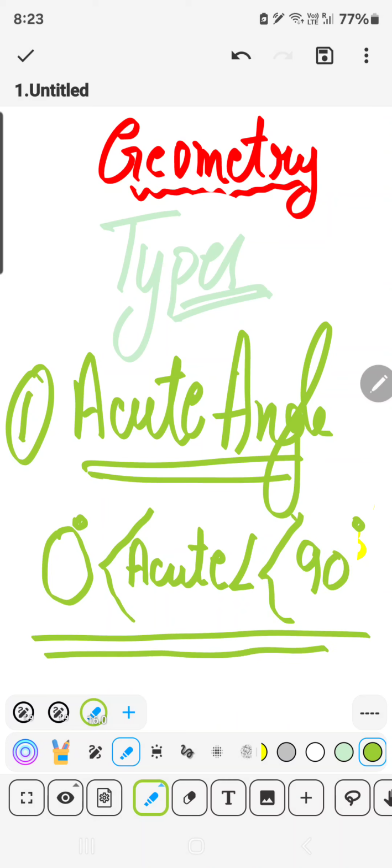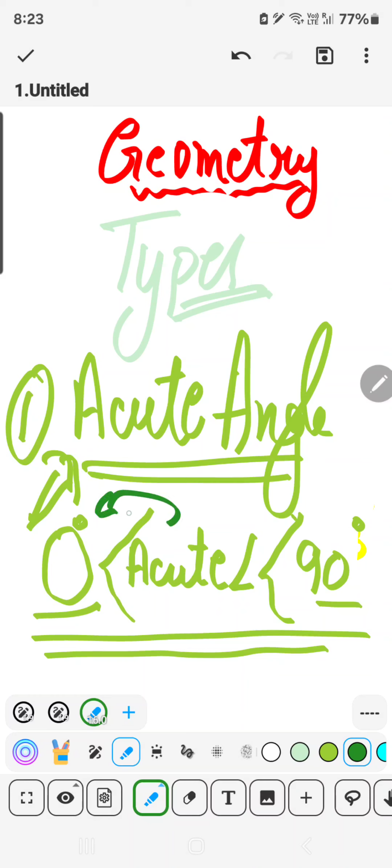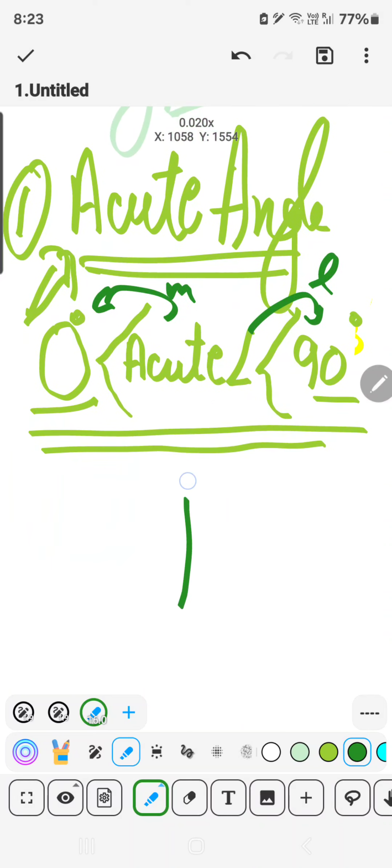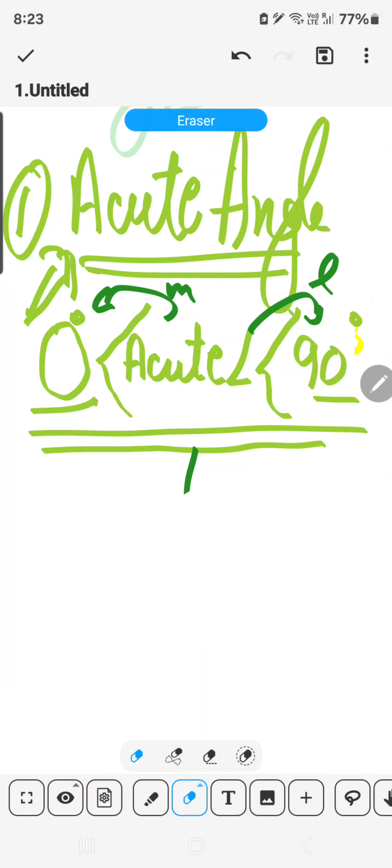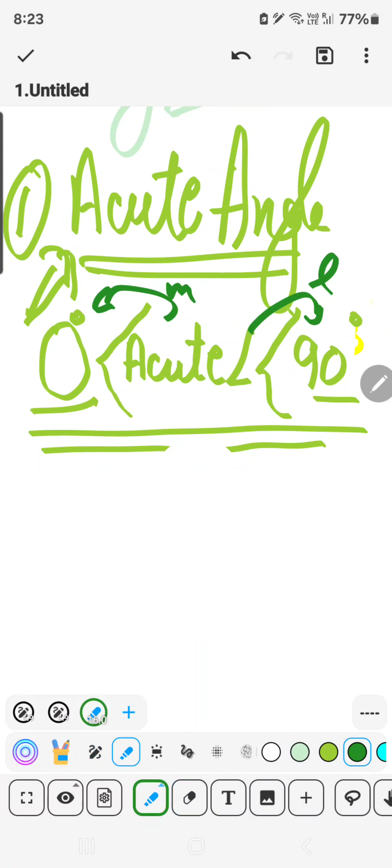This is the format of acute angle: more than 0 but less than 90. Will you remember this?